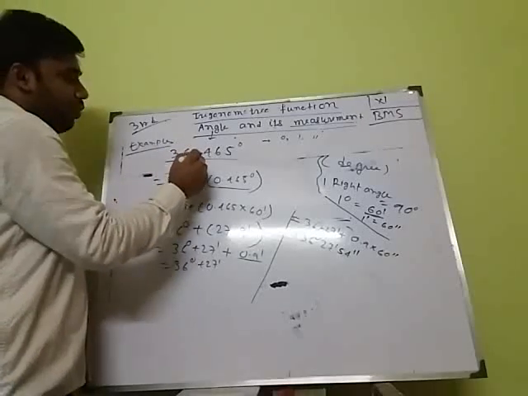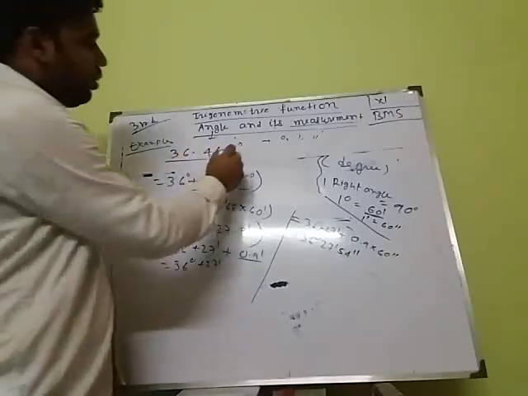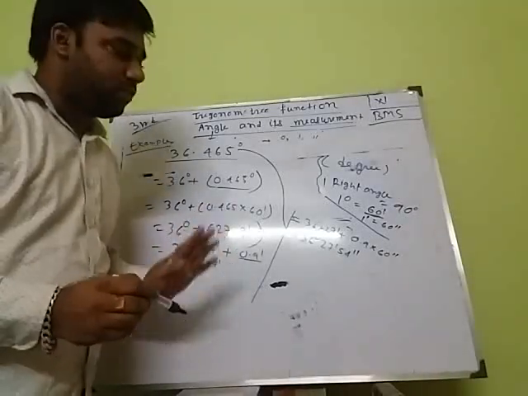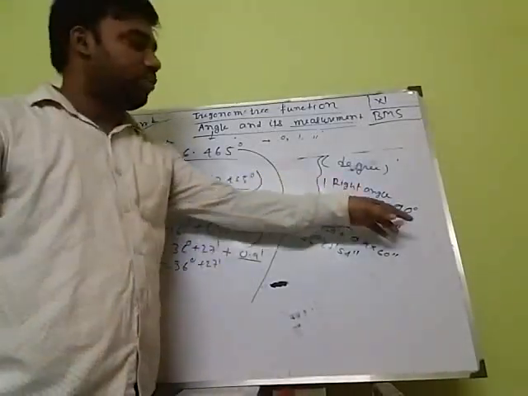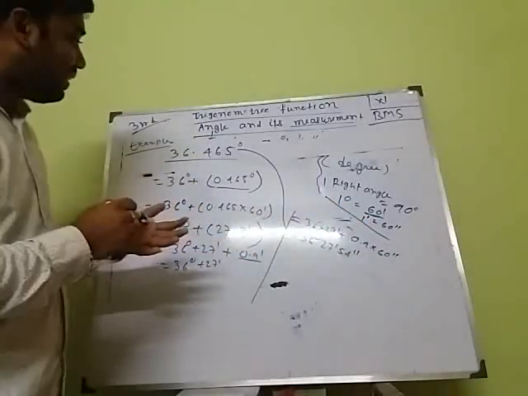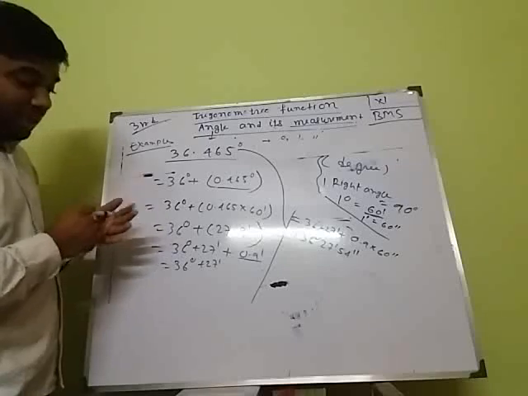So 36.465 degrees is converted into 36 degrees 27 minutes 54 seconds, using that one right angle equals 90 degrees, 1 degree equals 60 minutes, 1 minute equals 60 seconds. This is about our English system.